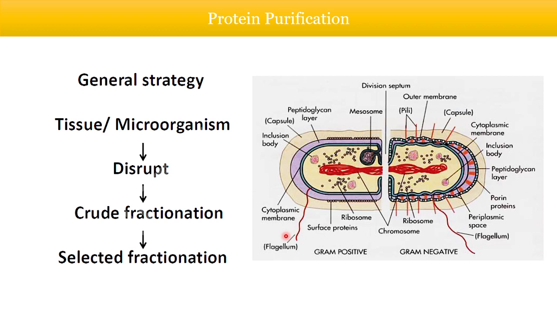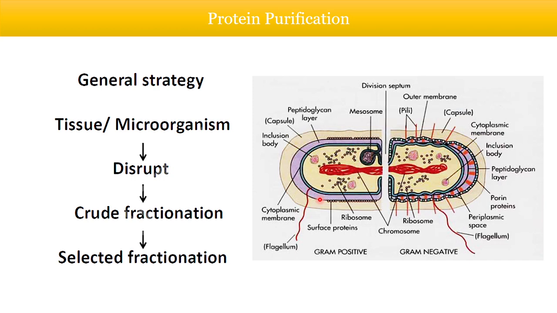Now there is a general strategy of protein purification. This is a cell where you have the different organelles and the different layers of the cell present inside it. What is the general strategy behind protein purification? You have a tissue or a microorganism which expresses a particular protein, and then you have to disrupt that particular organism or cell.